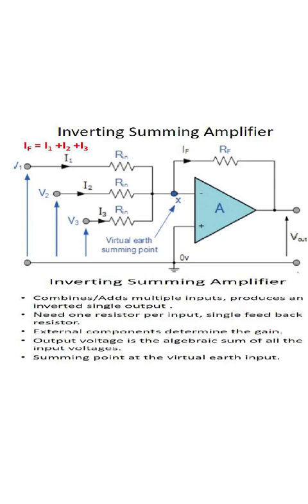It needs one resistor per input and a single feedback resistor. The external components determine the gain. The output voltage is the algebraic sum of all the input voltages. The summing point is at the virtual earth input.